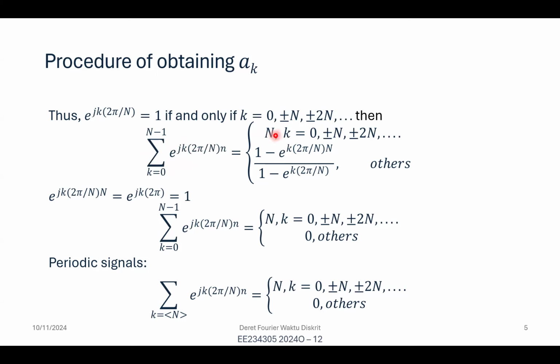This would be N if k is N, so that we can get rid of this N. So everything we have here is in terms of 2 pi. So this would be 1, right?